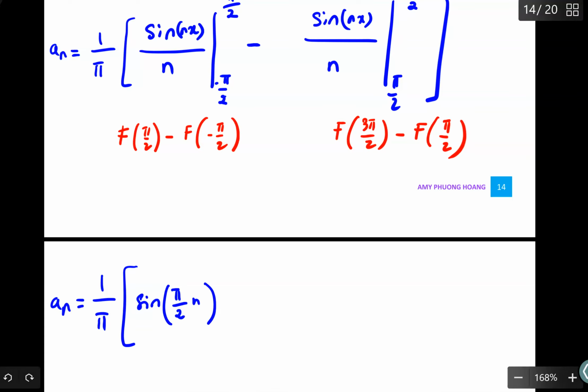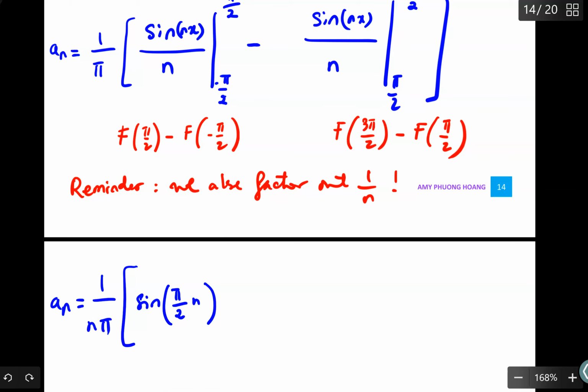Why don't we pull out the 1 over n at the same time. I am going to make a reminder here. We also factor out 1 over n, so right here I will write it as n times pi.